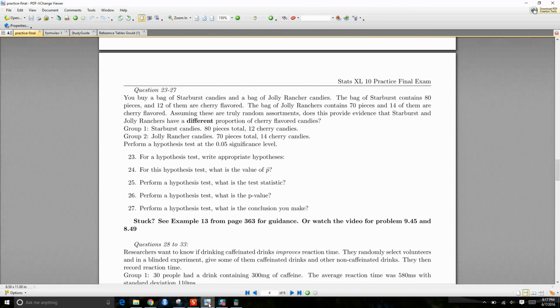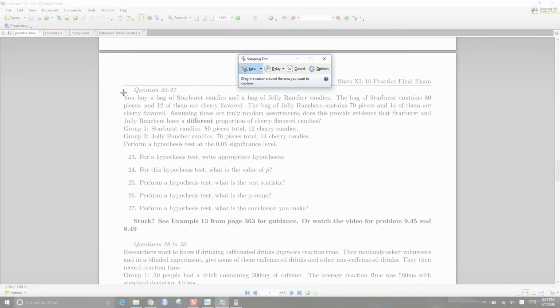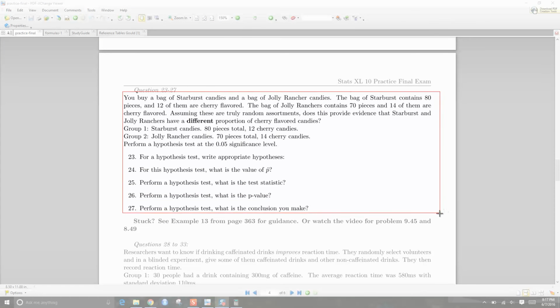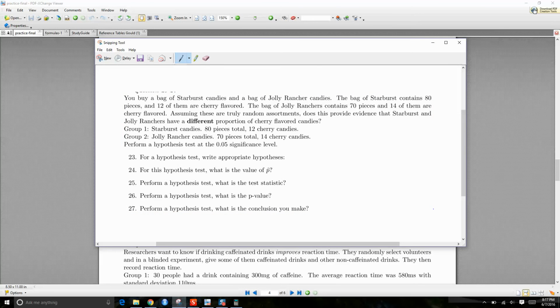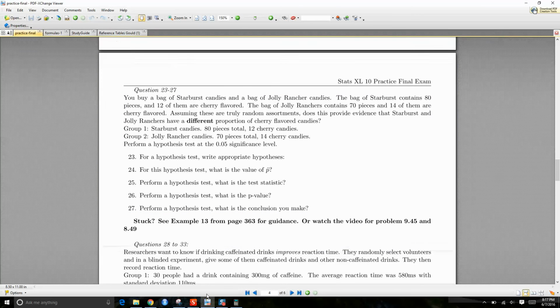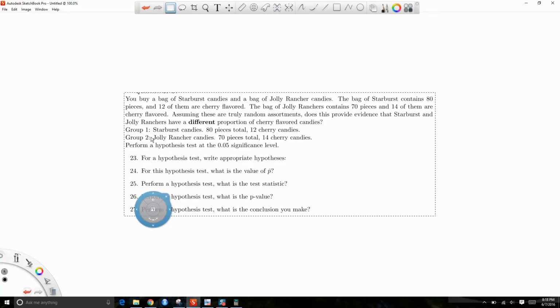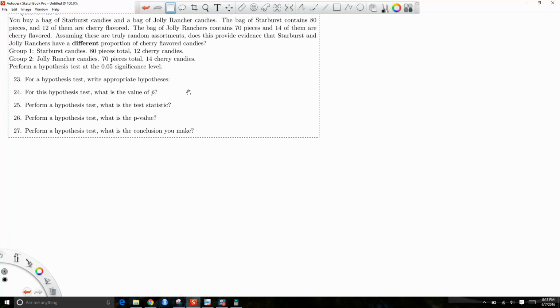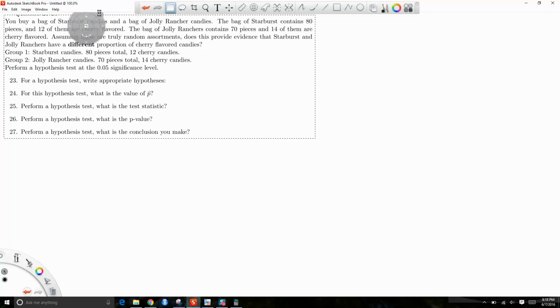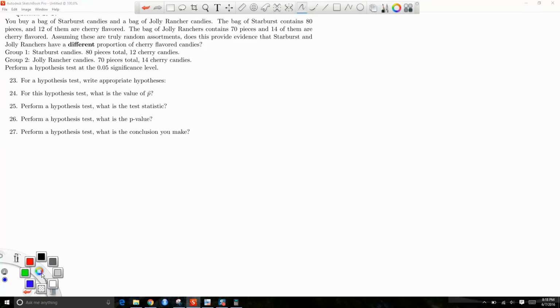All right, so it says you buy a bag of Starburst candies, and we want to know, is there a difference in the proportion of cherry flavored candies? So you've got Starburst and Jolly Rancher, and does one brand have more cherry flavored candies than the other?